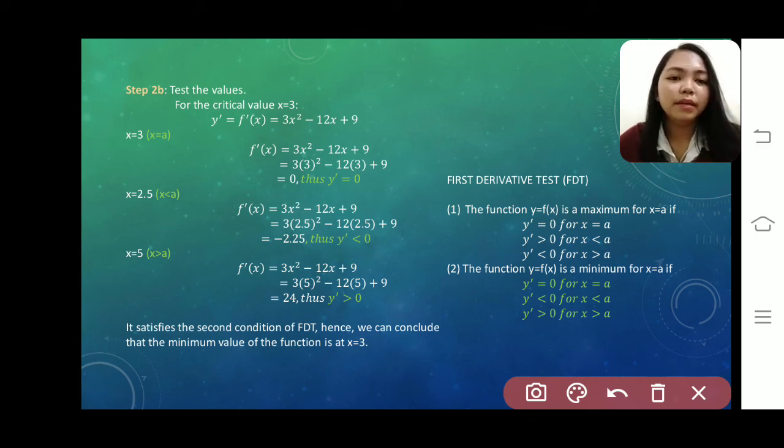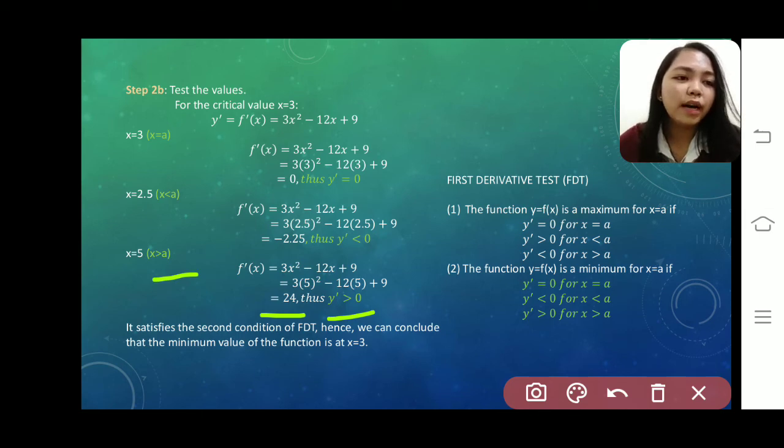Then, for x greater than a, the value I chose is 5, which is greater than 3. Then I substitute it into the first derivative equation, and we get a positive value. Therefore, y prime is greater than 0 at x greater than a.